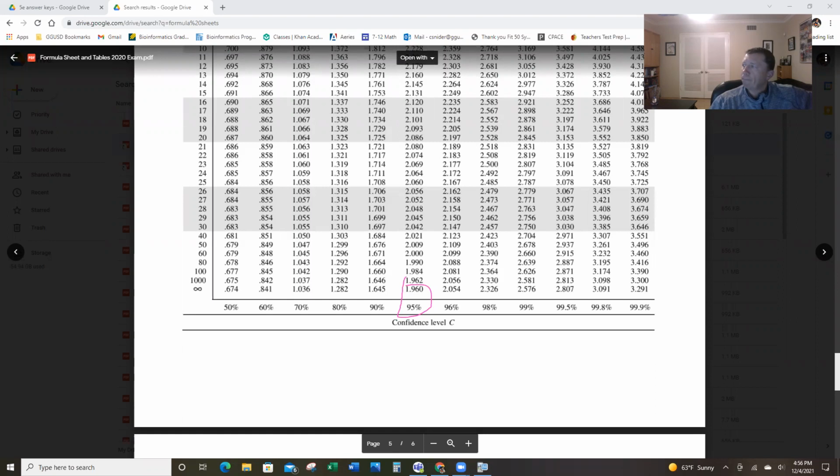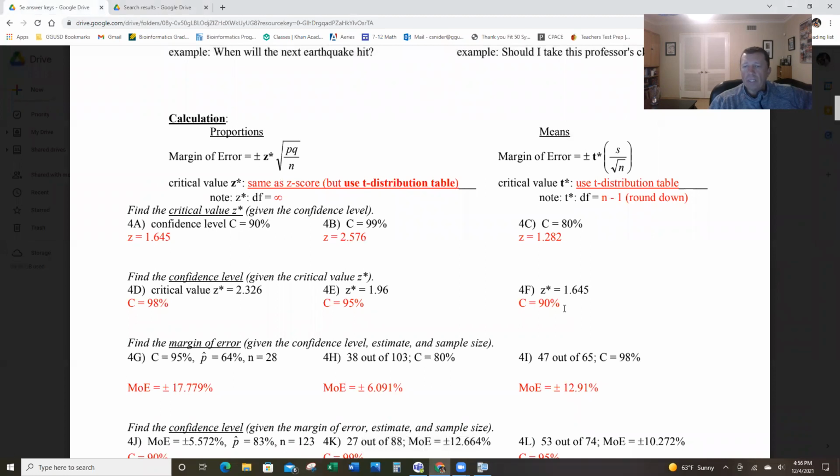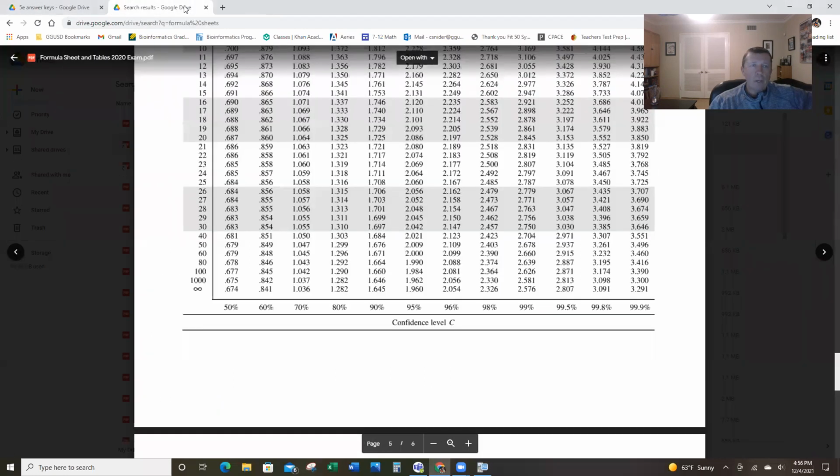And then the next one is 1.645. This is another good one to memorize. It's really common too. 1.645 is 90%. Let's go over here and check it out. 1.645 is indeed, oops, that's the wrong spot. 1.645 is 90%. Okay, very cool.